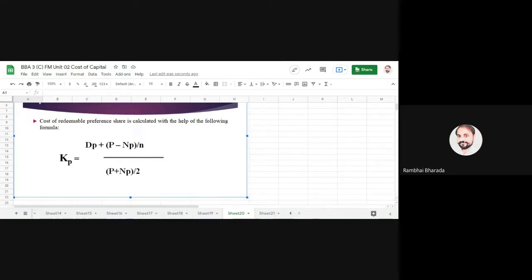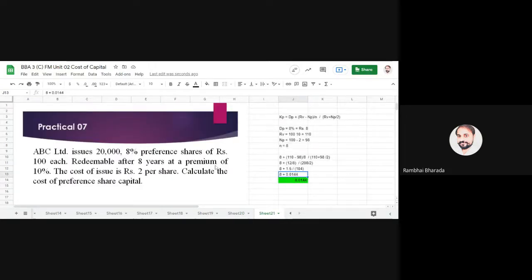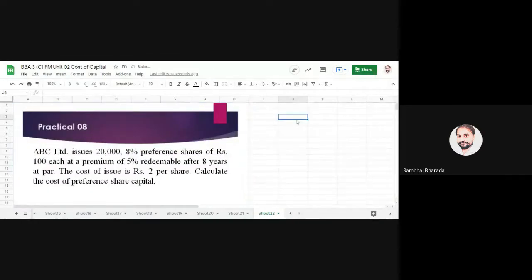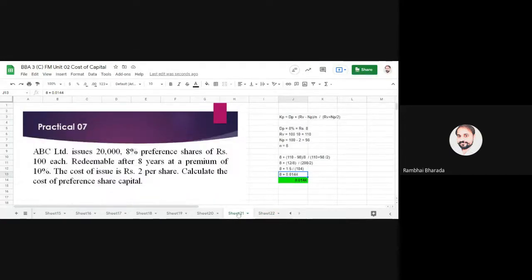The next is very important for all of you. Please try to solve this practical question without my help. If you are not able to solve it, just identify the values and give them to me. Question number 8. Before question number 8, please read out question number 7 once again. Quickly read question number 7.